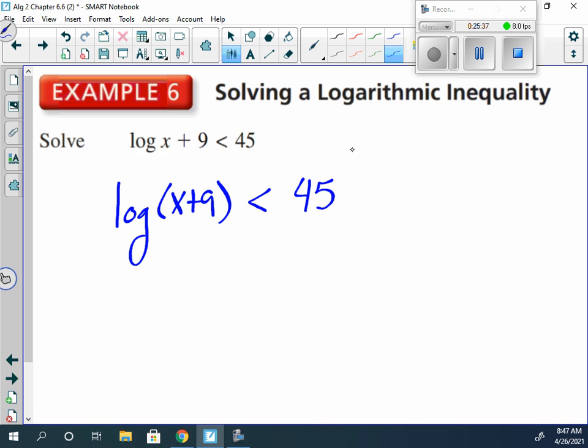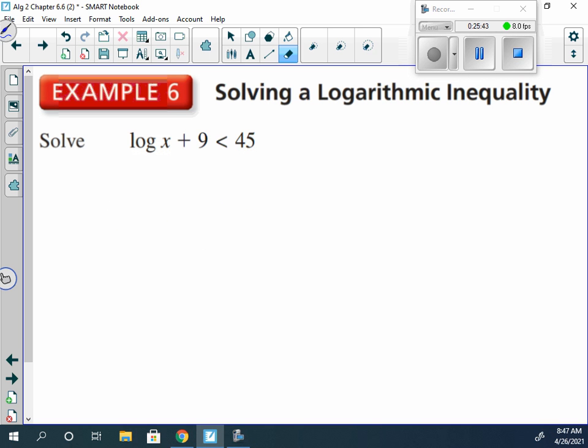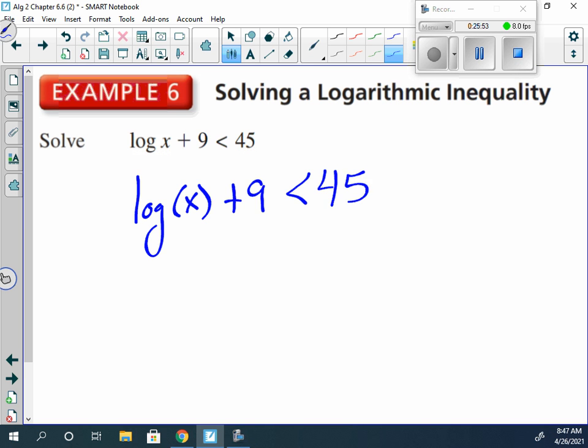I do not like that they don't use parentheses in this book, because really what this problem is stating is this here. We'll do it the other way and see why it makes a difference.